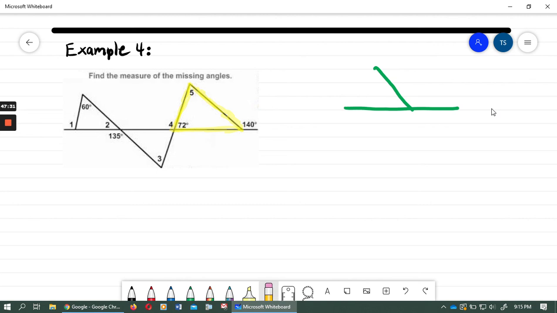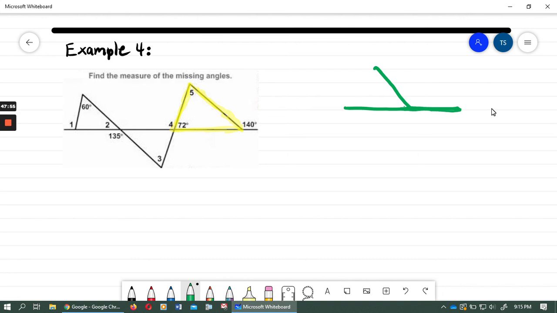The stuff that we've been talking about with these special angle pairs, you'll see it, and it may not be just one topic. It may involve multiple topics that we've talked about, like this.